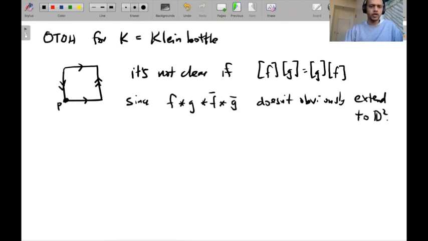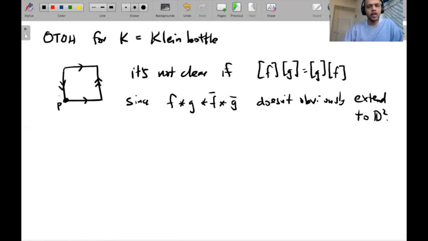You should think about this. You go F, G, and then you go along F inverse, but then you need to go along G inverse in reverse. But that's not, yeah.